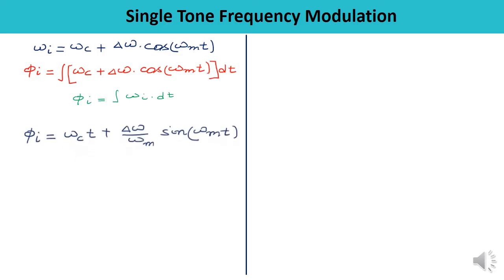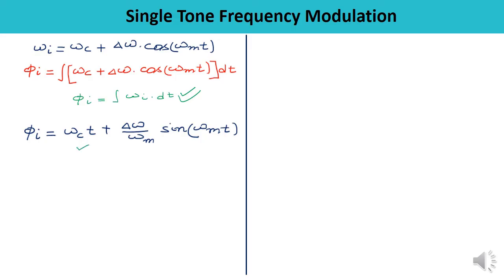So now, substituting the value and integrating, the first term, the integral of omega c into dt, is omega c t. The second term is delta omega upon omega m, the integral of cos omega m t being sin omega m t. So from here you are getting this particular equation.